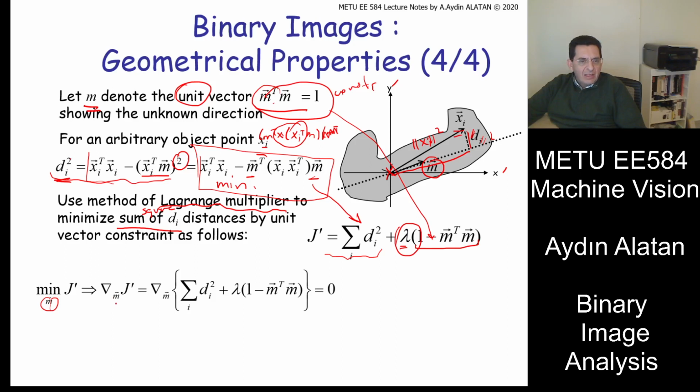Since m is a vector, I assume a gradient operator here, for every component. With respect to m, that will be equal to 0. And for x transpose A x, if you take the gradient and A is symmetric, this is equal to 2Ax.